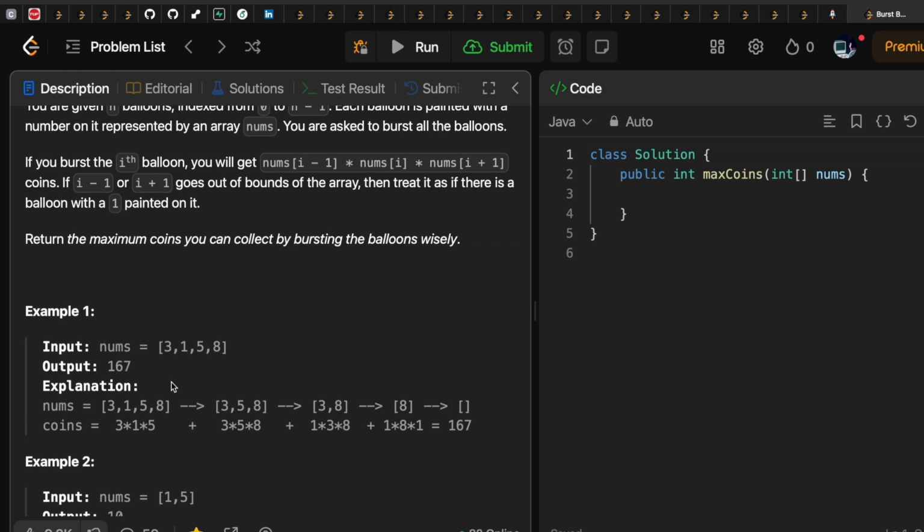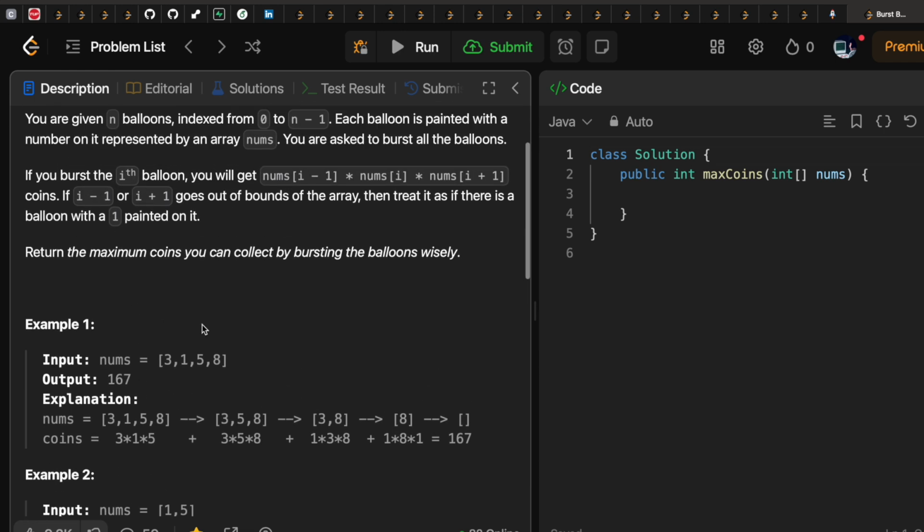What we need to return is the maximum coins we can collect by bursting the balloons wisely, which means we need to burst the balloons in an order that gives us the maximum coins.